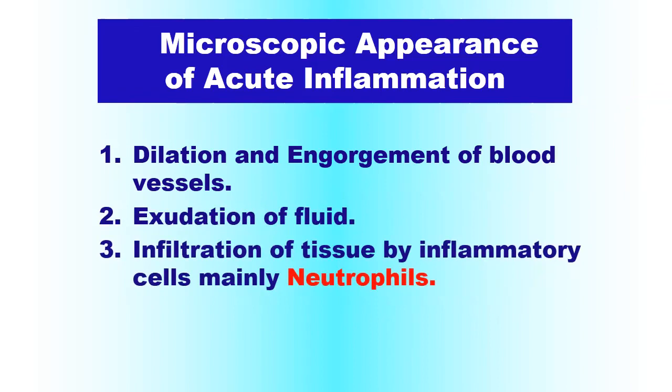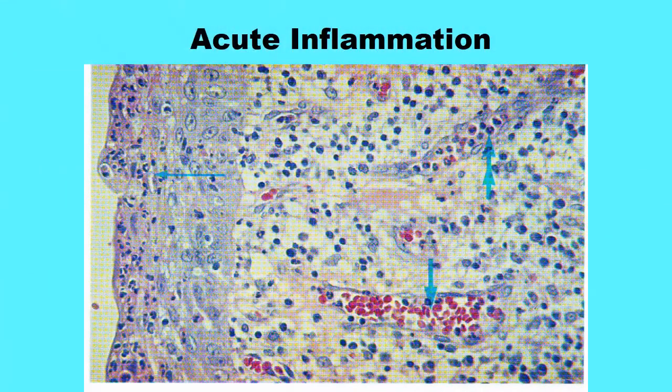Third, infiltration of tissue by inflammatory cells, mainly neutrophils. And it is a monomorphic infiltrate, meaning one type of inflammatory cell predominates, which is neutrophils.